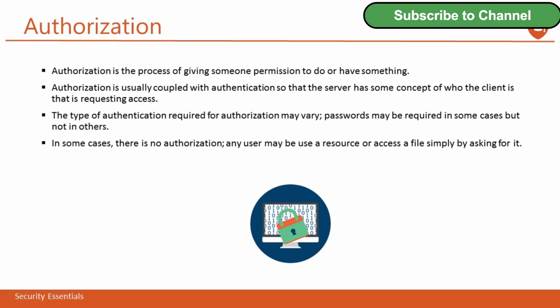So that unauthorized person is now an authentic one, but he still has no permission to get access in that system, so he is unauthorized. Basically, authentication is to identify, and authorization is what you have access to.